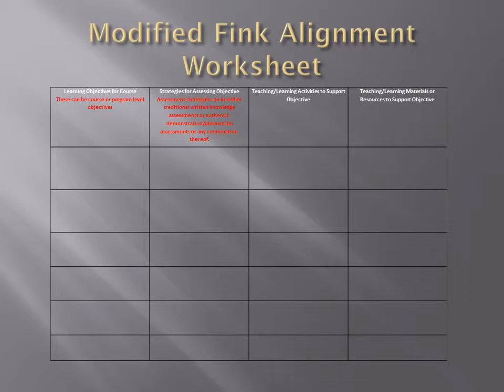So, in other words, you want your learning materials and your learning activities to support the achievement of your course objectives, and you want your assessments in a classroom to measure the student's achievement of those learning objectives. And this worksheet will help you set that up when you're designing your course. Not only is this worksheet available in the Canvas classroom for this workshop, but Dr. Fink's video that explains how to use this worksheet is also available.